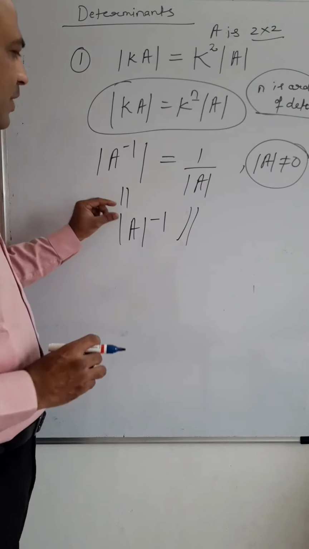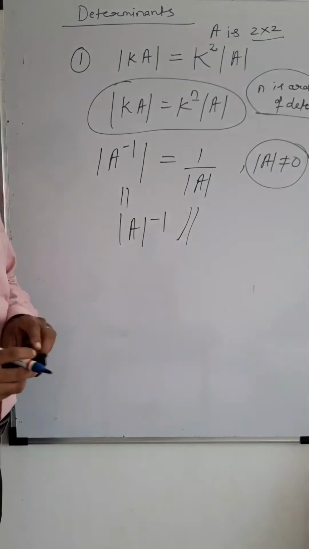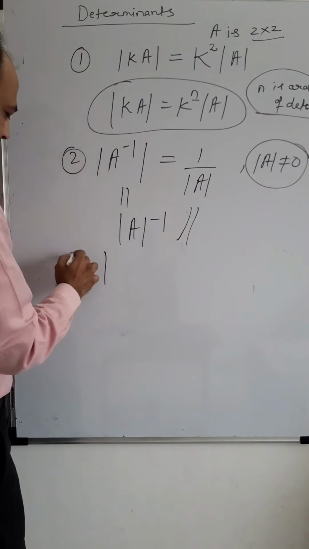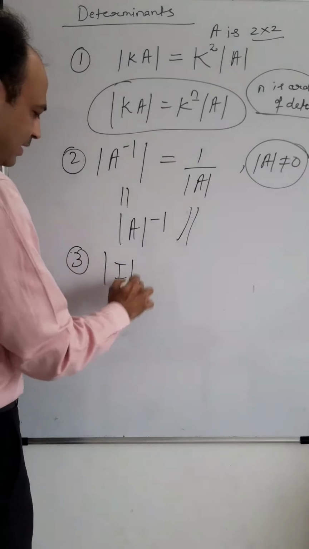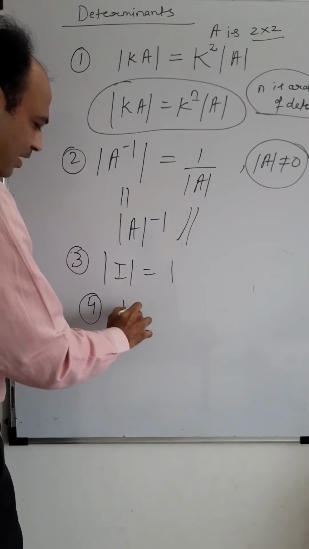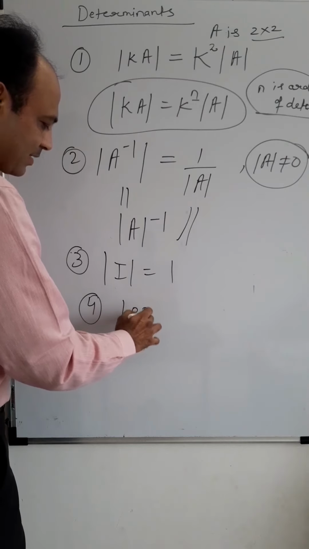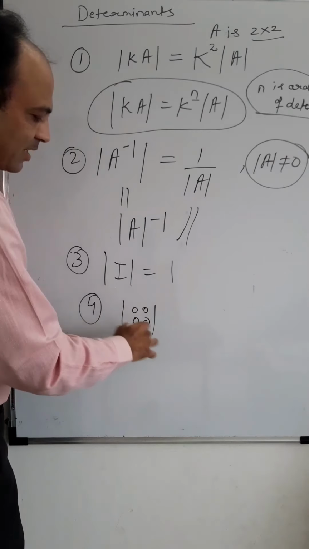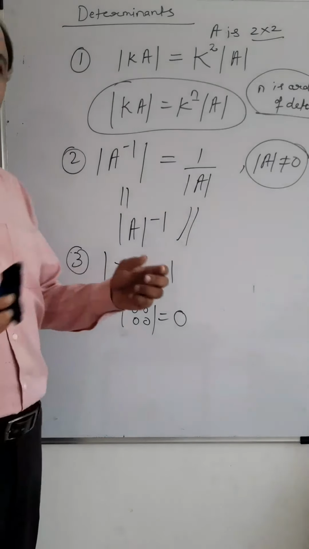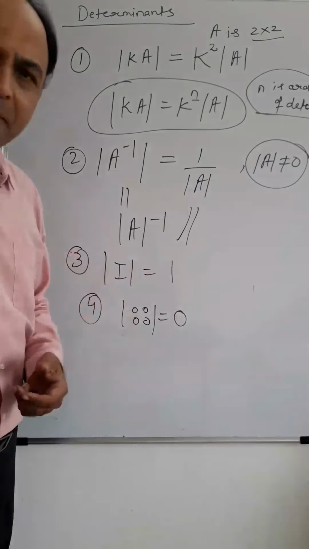So these are a few results that you have to keep in your mind. Determinant of, let's say, unit matrix, it is always 1. Correct? Fourth, determinant of null matrix. Null matrix, where elements are 0, is 0 straight away. Fine. See, determinant basically came from matrix.